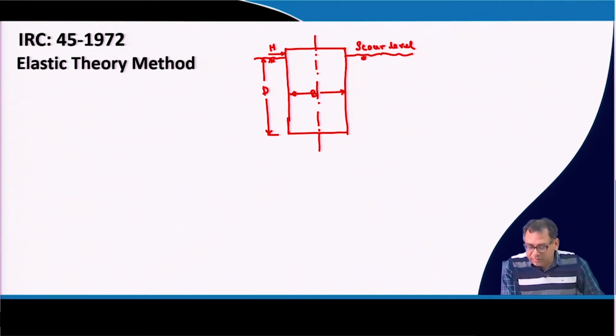Now, because of this horizontal force H, this well will rotate. So, what is the rotation form?